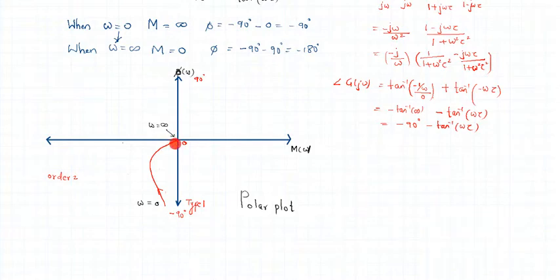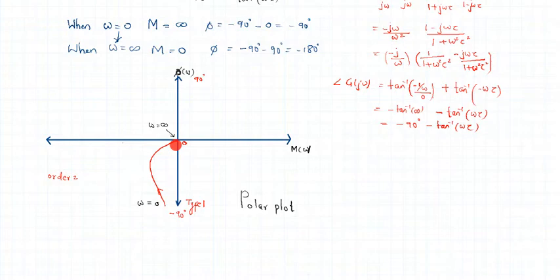Magnitude is now 0. So as omega changes from 0 to infinity, the magnitude moves from infinity to 0. Order 2 tells us that the polar plot ends in this quadrant, and that's the reason we get the shape of the polar plot as shown here. So this is the polar plot of the given problem.